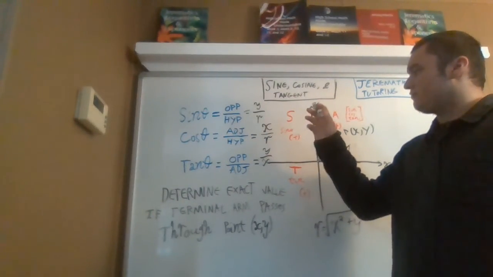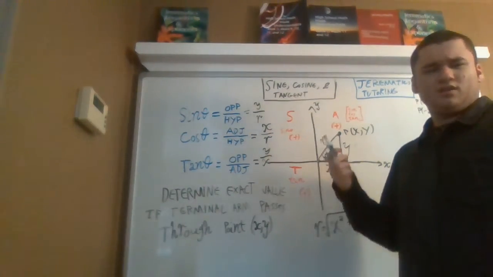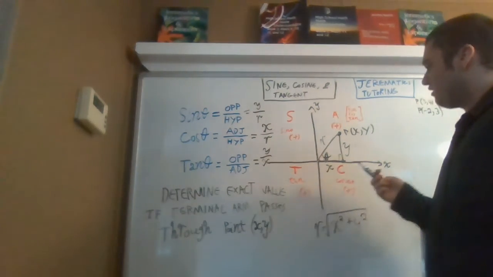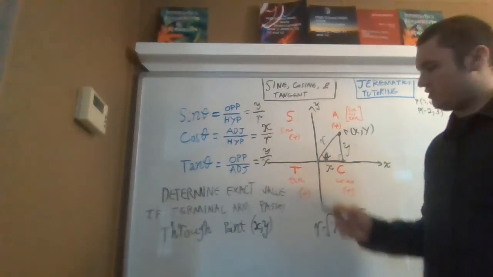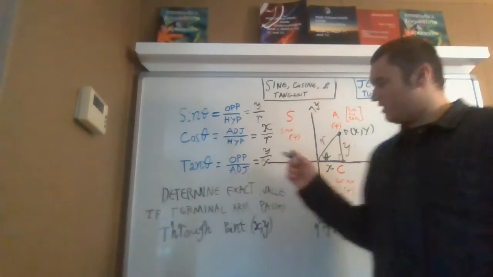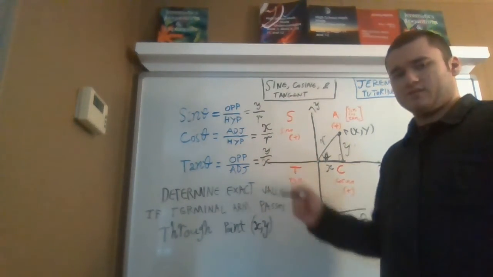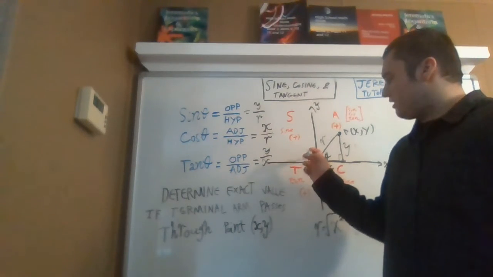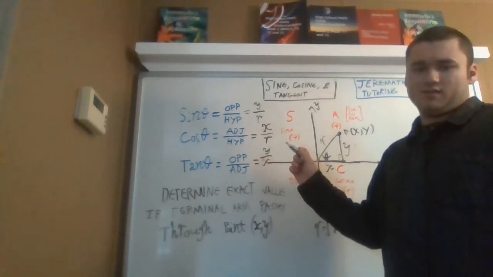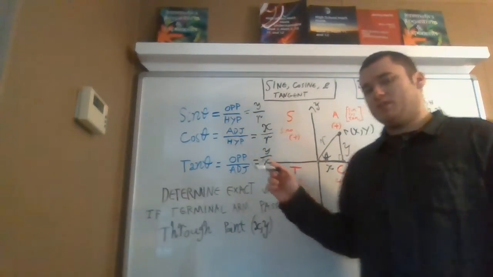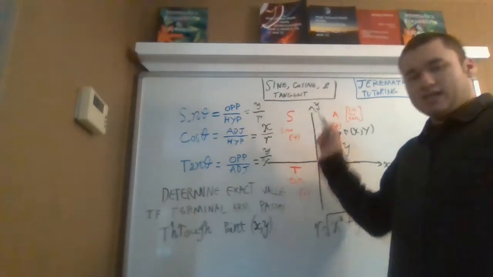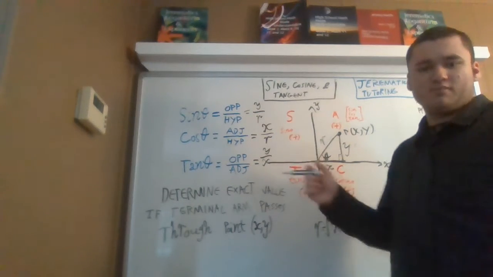Quadrant 2, only sine is positive. Why is only sine positive? Well, if we look over here, remember that in quadrant 2, our x coordinates are negative because this is the negative side of the x-axis. So since the x's are negative and our y's are positive, that means x is negative, y is positive, and r is positive.